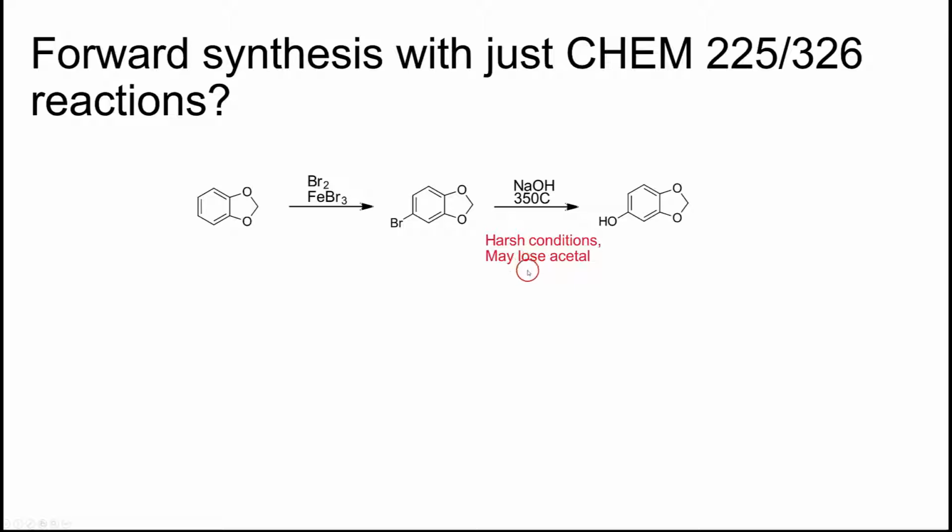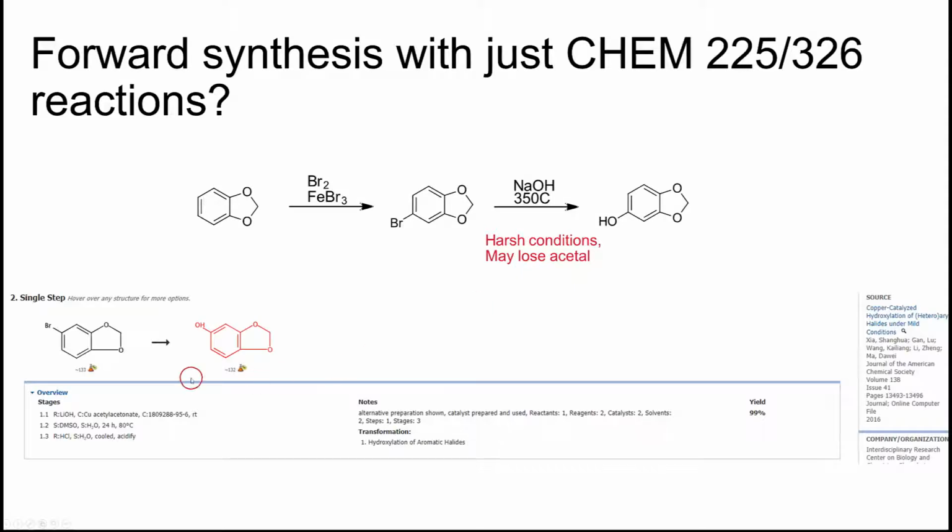So you want to look for a different way that you can make that. If I do this search here to get an alcohol, there are different steps that would work for that. And you can just reference that reaction with the copper catalyzed hydroxylation in the literature. That doesn't require 350 degrees.